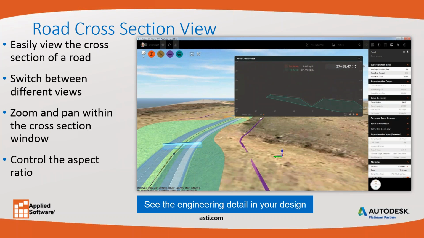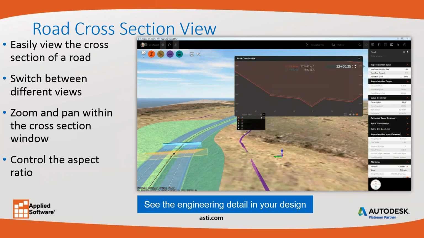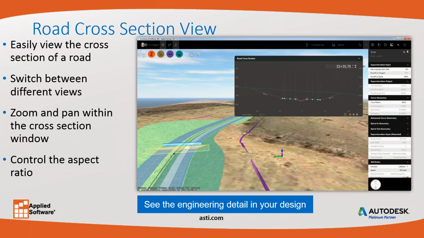And then being able to switch between different views. So a conceptual typical section to an aspect ratio view, and then also cut and fill. Just different views that allow us to get a feel for what's going on within that cross section at that specific station.